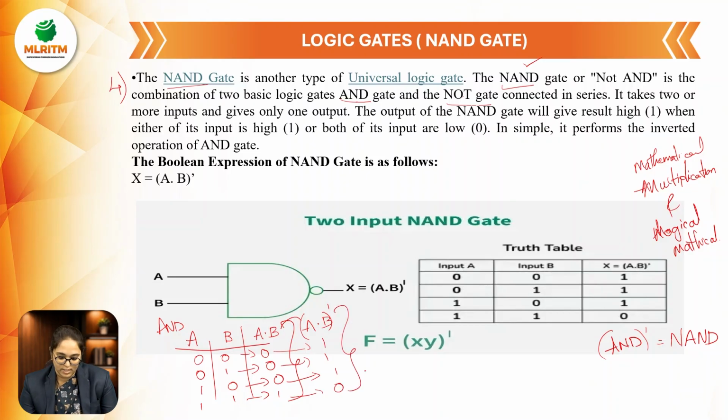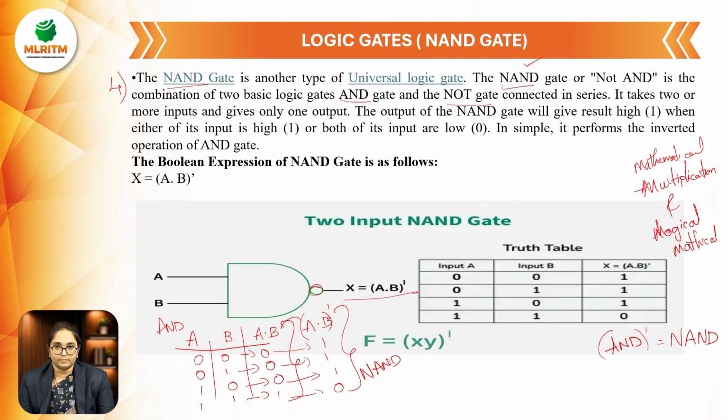So this is your NAND gate, the inversion operation of your AND gate. The symbolic representation of the NAND gate is the same as the AND gate, but you add a small bubble to the AND gate, which gives the NAND gate.